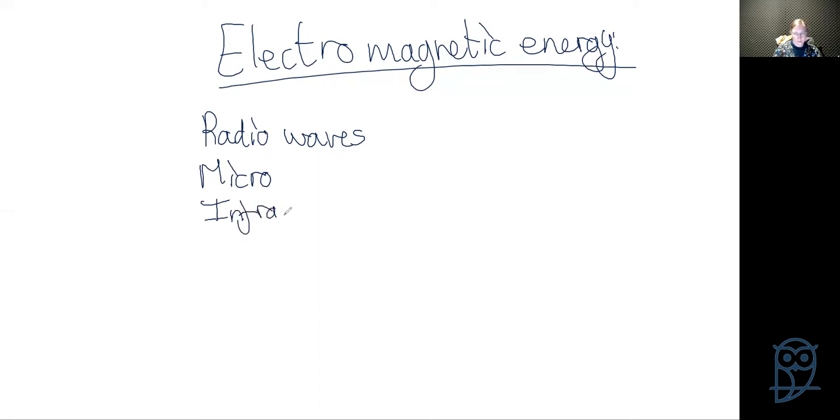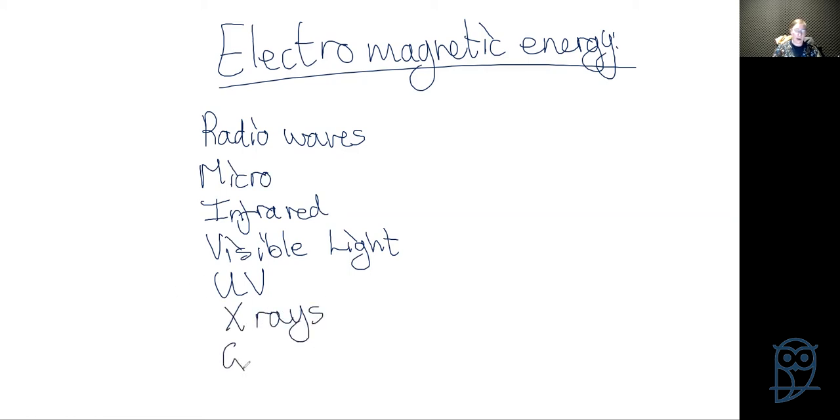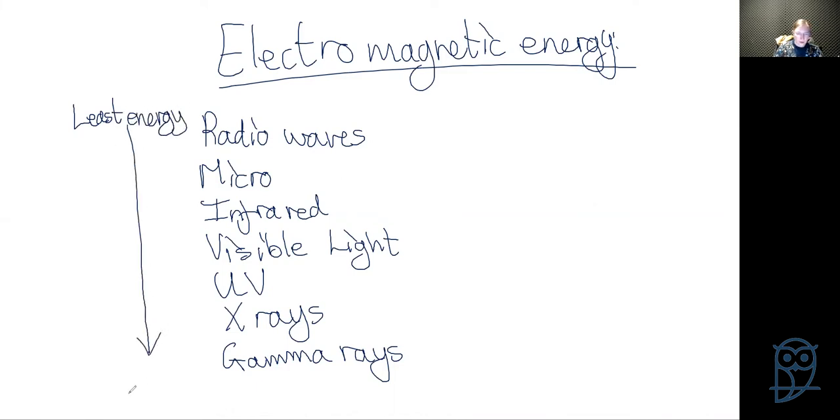Infrared, visible light, ultraviolet, so UV light coming from the sun, this is part of this sort of thing, X-rays, and gamma rays. This is all in this category. I have arranged them here from the least energy, increasing all the way to over here with the most energy.